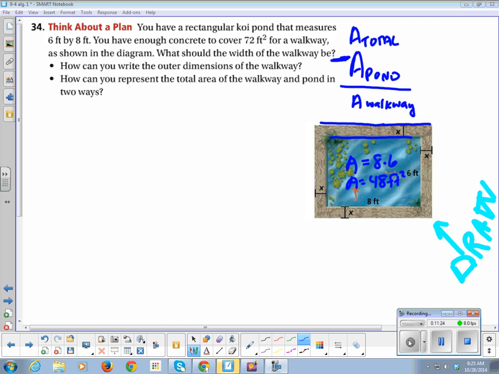So I need to find a little formula that tells me the length and the width of this rectangle with the walkway on it. So I know that this guy is x, this guy is x, and this guy is 8. So my total distance here is x plus 8 plus x.